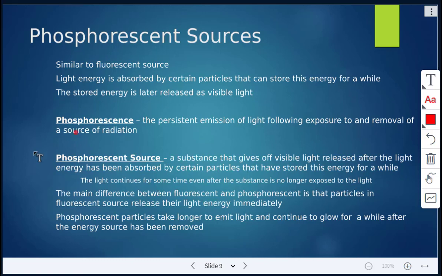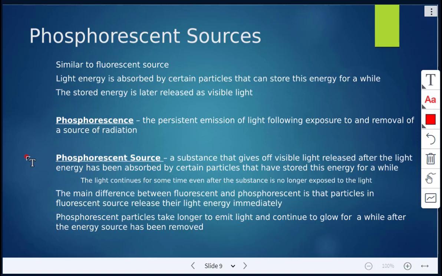All right, so the source will be a substance that gives off visible light released after the light energy has been absorbed by certain particles that have stored that energy for a while. That light will continue for some time even after the substance is no longer exposed to the light.